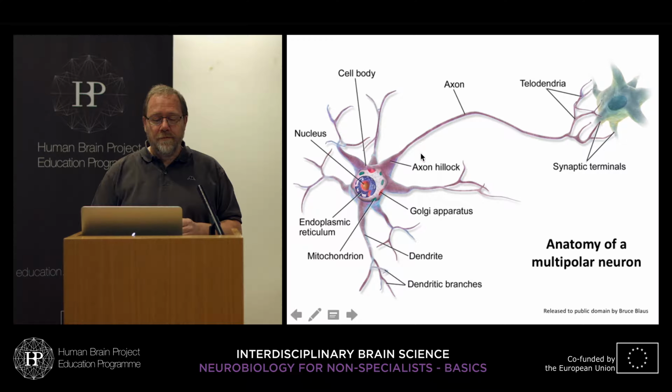For the axon, we have the so-called axon hillock, which is a larger structure which is important to build up the action potential, which you will hear later on in this course, which is basically the sending of information along the axon.